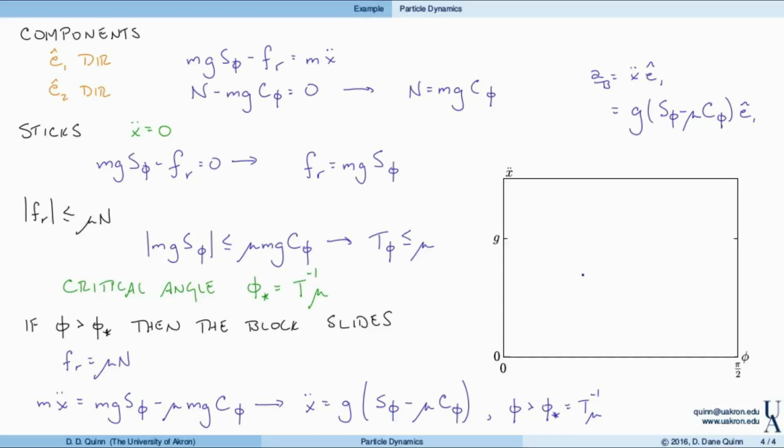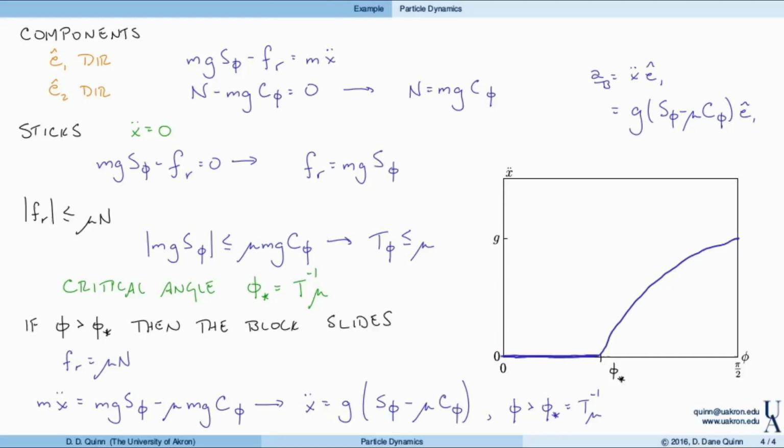So let's draw a graph of the acceleration as a function of the angle phi. So we'll have some critical value of phi star. Let's assume that it's here. So if phi is less than this value, the acceleration vanishes. So the acceleration is essentially 0 all the way up to this value. And then at that point, the acceleration begins to rise. And it does so kind of in the following way.